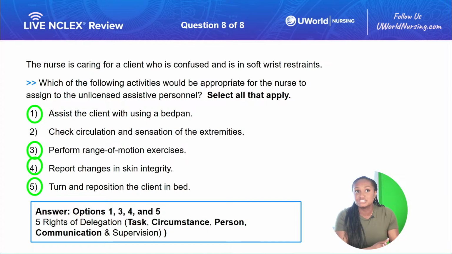So reporting changes in skin integrity is definitely something that they can do. And then turn and reposition the client. Again, movement is okay, and turning and repositioning is okay because it's not an assessment or education.